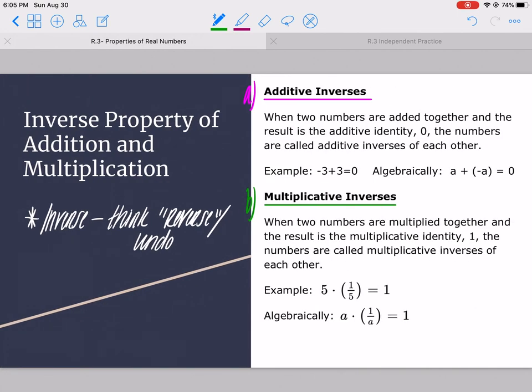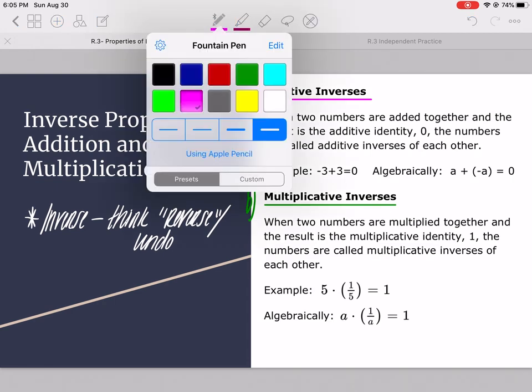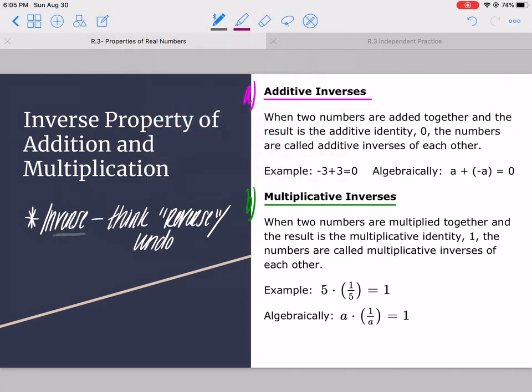So that's why I keep trying to give you guys clues of identity means identical, etc. Inverse property, I want you guys to think of reverse, okay? When you think of inverse, think of reverse or undo. Because if you think about an inverse function, that's what it does. It undoes whatever was being done before. Okay, it does the opposite and backwards.